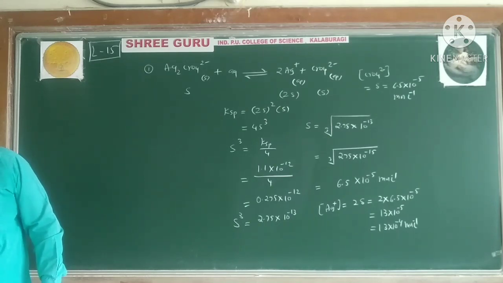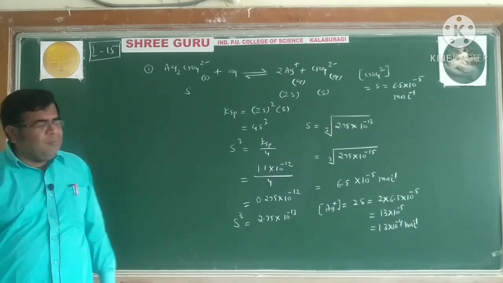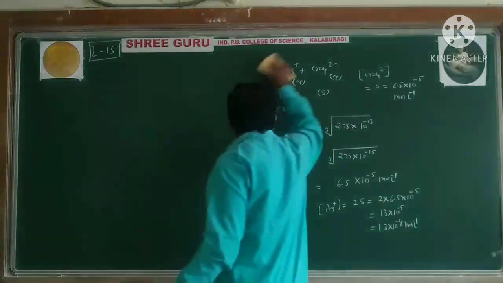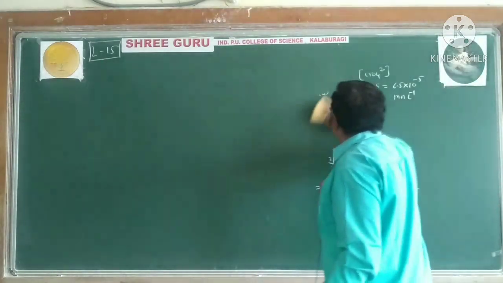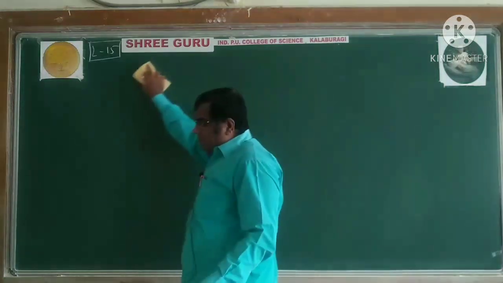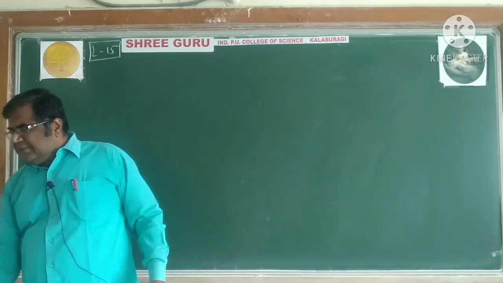The next part of the question is the barium chromate. So we continue with that barium chromate. In barium chromate, barium is divalent.